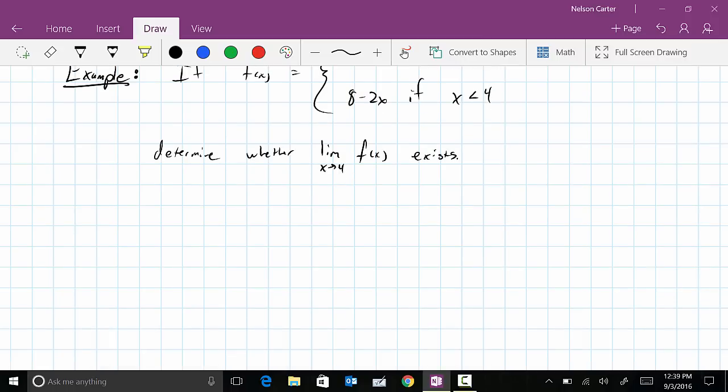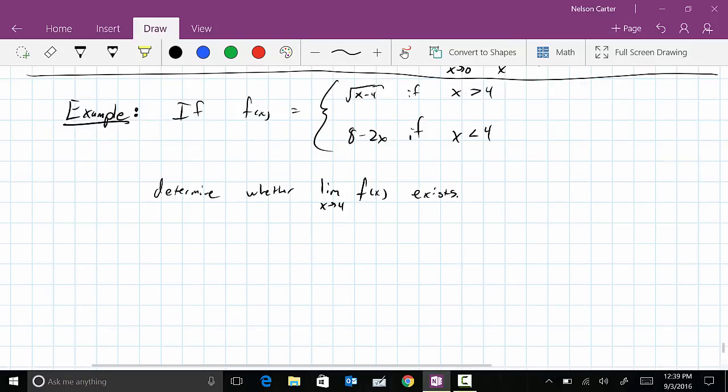Okay, so let's look at it here. So here's what we're going to do. We're going to first look at it from the left of 4. So what's the limit as x approaches 4 from the left of f of x? This is like part 1. This is like from the left.